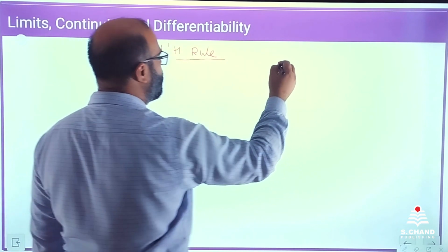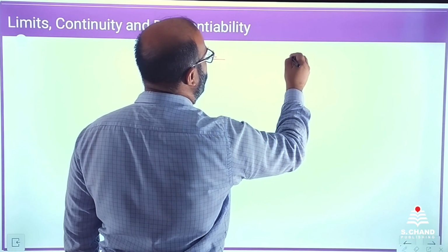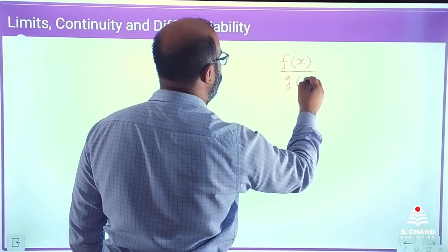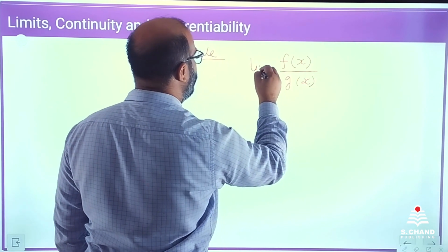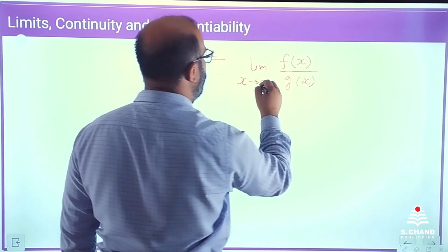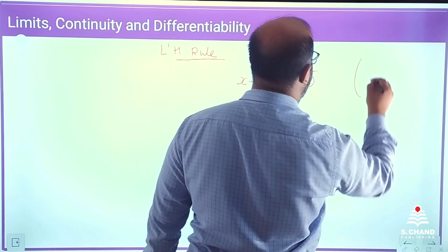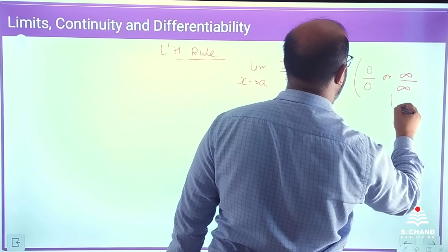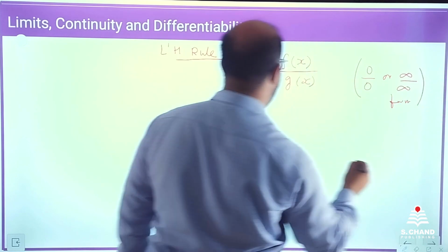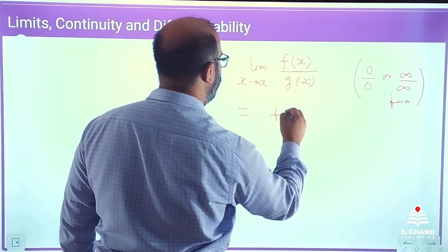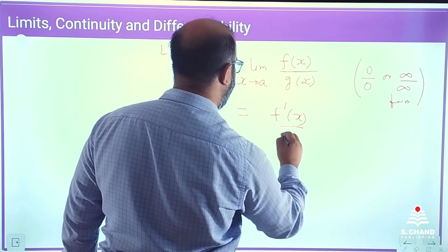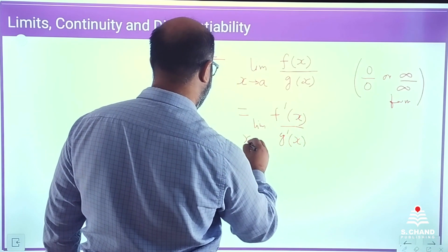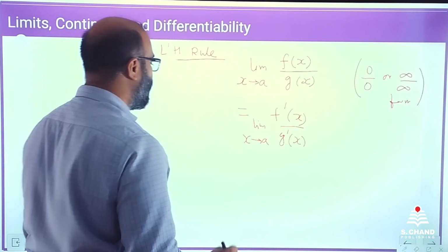So the L'Hopital rule is, if a function f(x) by g(x) is given, limit x tending towards a is there, and it is actually of the form either 0 by 0 or infinity by infinity, then in such a situation we can differentiate the numerator and the denominator separately, and then we can apply the limit. So this is the L'Hopital rule, which is very important.